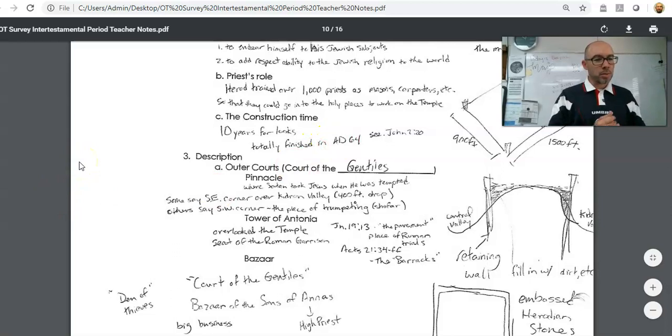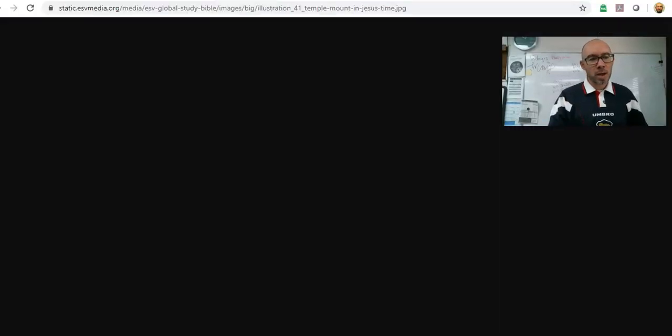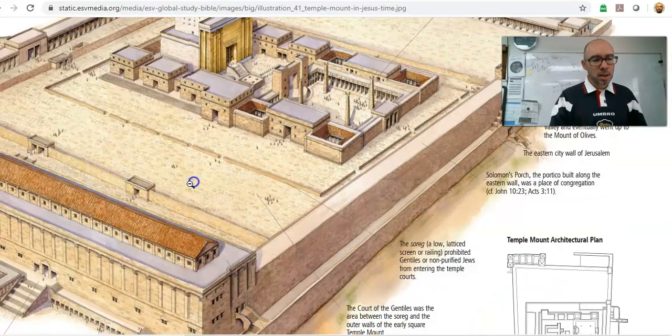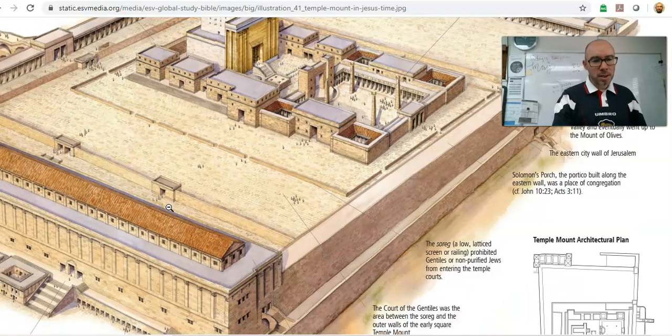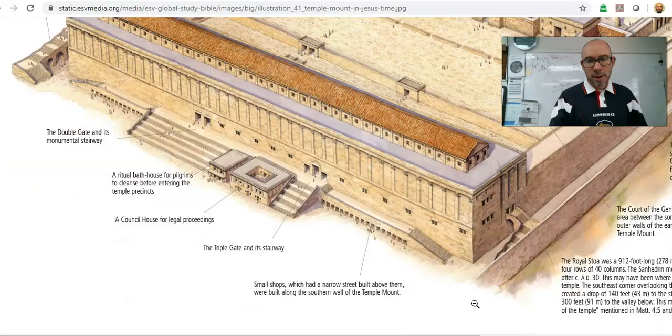You've got several important features in the outer court. You've got the pinnacle of the temple, and it's a little controversial exactly where that is. I think these folks think it's either this part or this part, one of the southwest or the southeast corners.